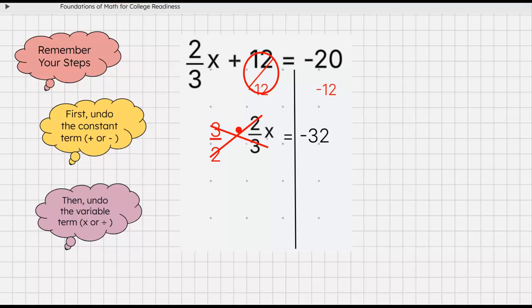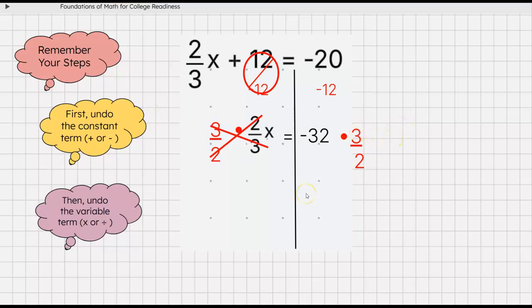Now remember, what you do to one side, you need to do to the other. So negative 32 times 3/2. Guys, remember this is like negative 32 over 1. Most people like multiplying fractions the most because you can just multiply straight across top and bottom.